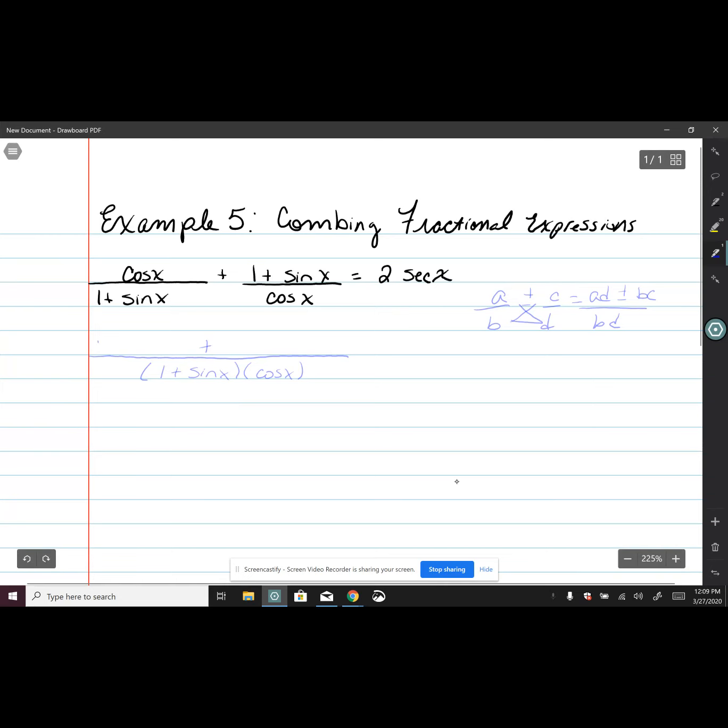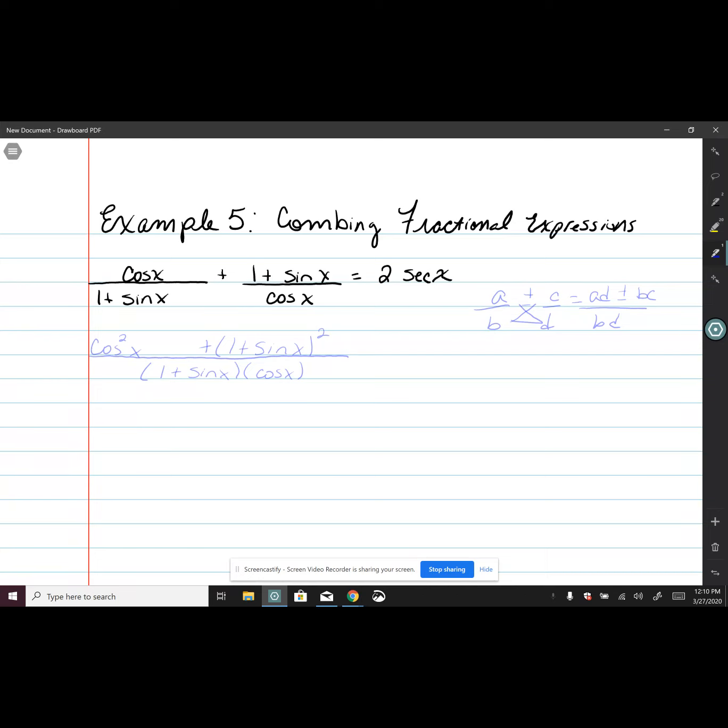Cosine times cosine is cosine squared x. 1 plus sine x times 1 plus sine x is (1 plus sine x) squared. Now I'm going to ignore the bottom for right now because I don't want to touch it, because maybe when I clean up my numerator, I might be able to cancel some stuff out. So right now, I'm not going to worry about the denominator at all.